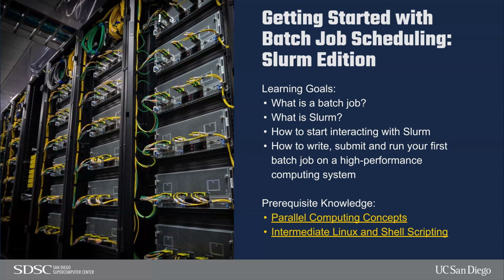The reason we focus on Slurm is that it's pretty much the most popular batch scheduler out there for HPC systems. If you look at the statistics, at least 60% of HPC systems run Slurm these days. So if you're new to Slurm, it's a good thing to learn how to use.